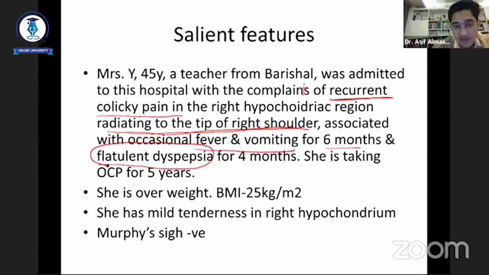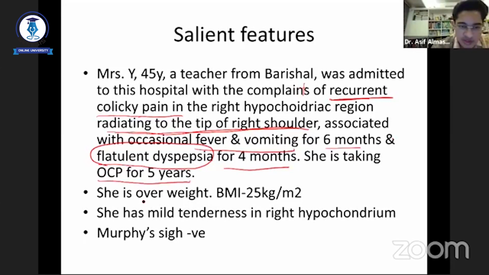This is dyspeptic features or upper abdominal features like pain, discomfort, heartburn, nausea, vomiting, feeling of fullness, early satiety. These features after taking food, especially fatty food, for 4 months. She is also taking oral contraceptive pills for 5 years.